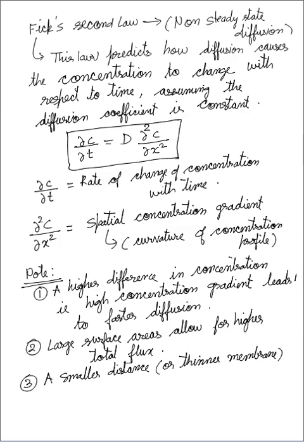So if the thickness is less or the distance covered is smaller, or a thinner membrane, it results in faster diffusion. So obviously if the membrane is thin, then it will result in faster diffusion.